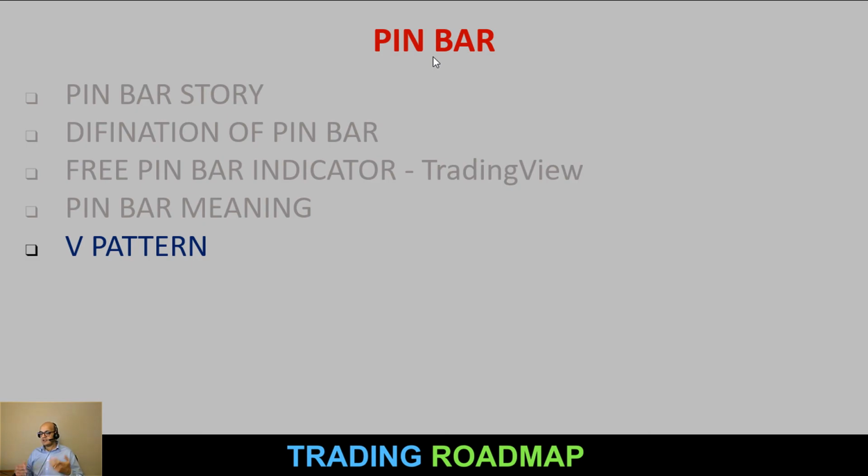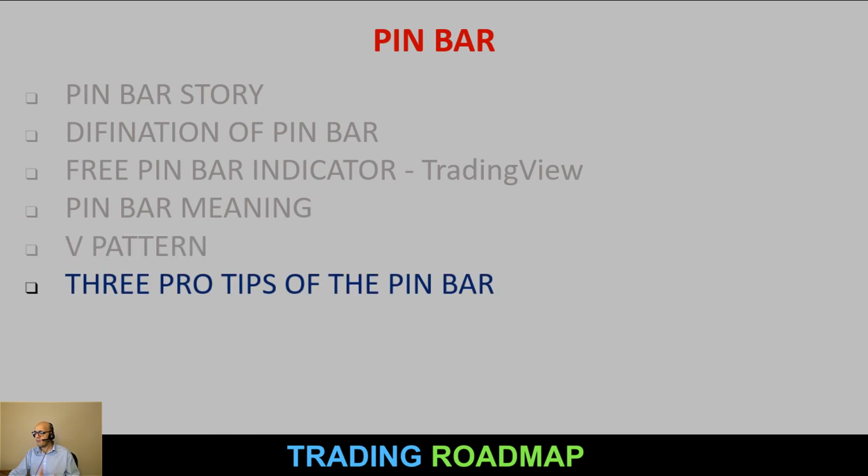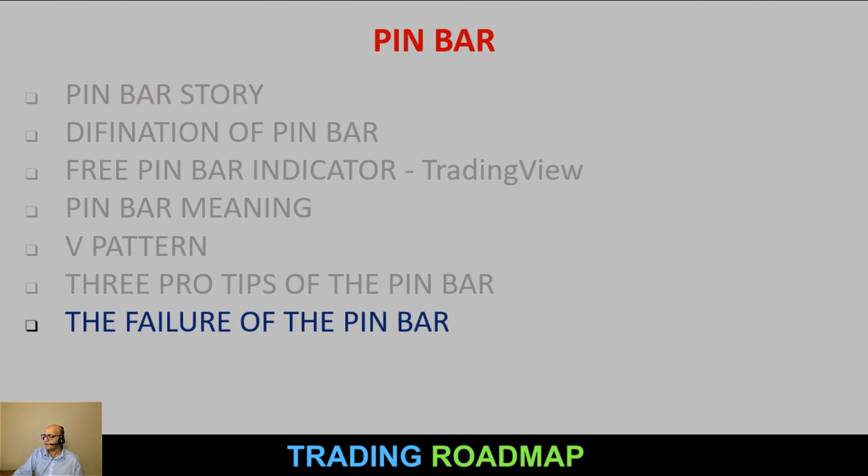The V pattern is simply a pin bar on a higher time frame. And then I showed you the 3 pro tips of the pin bar, which are combining the inside and outside bars with the pin bar, understanding the market context and the higher time frame, and understanding also that the pin bar is not only a reversal, sometimes it's a continuation pattern. And we discussed also the failure of the pin bar.